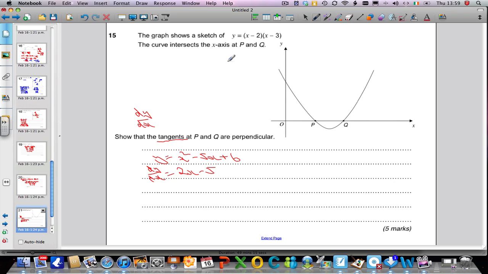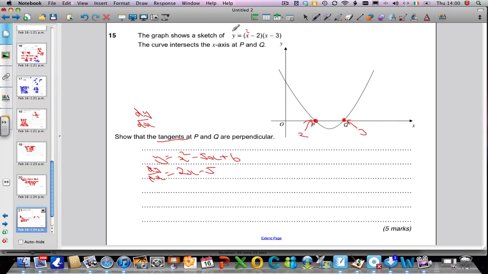Right, and we're asked to show that they're perpendicular at P and Q. Well, what is the value of x here at P, and what is the value of x here at Q? The value of x here must be 2, and from here it must be 3.